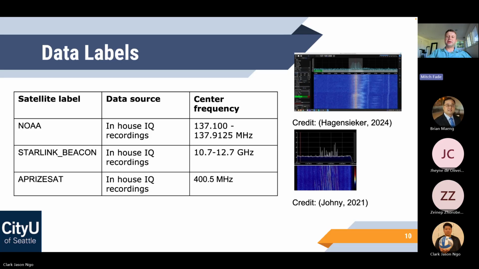So here's an example of some of the signals, like the NOAA signal, which is one of the in-house recordings, the top figure there. It has a very distinctive shape. This downlink signal downlinks low resolution imagery data. And then the Starlink signal is actually multiple Starlink signals in a line.